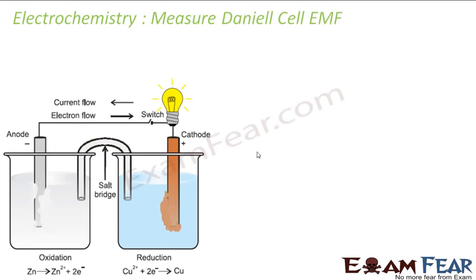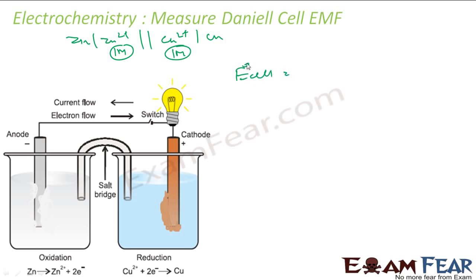Correct? Now, as I told, we found the EMF of the Daniell cell, right? The Daniell cell is nothing but my anode is zinc to Zn2+, and my cathode is Cu2+ to copper. We are assuming both are 1 molar because the molarity of the electrolytes matters. For this, E cell will be what? E naught cell, I'll say standard value, is E naught right minus E naught left, right? Right minus left.